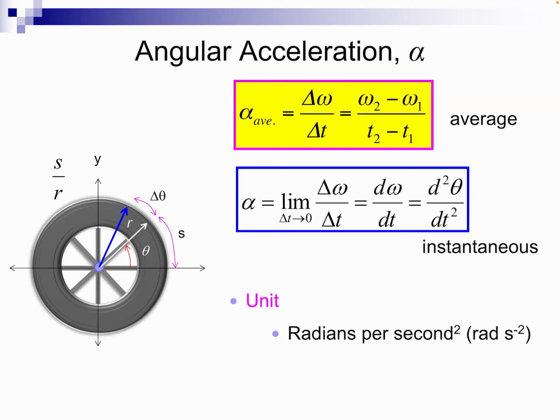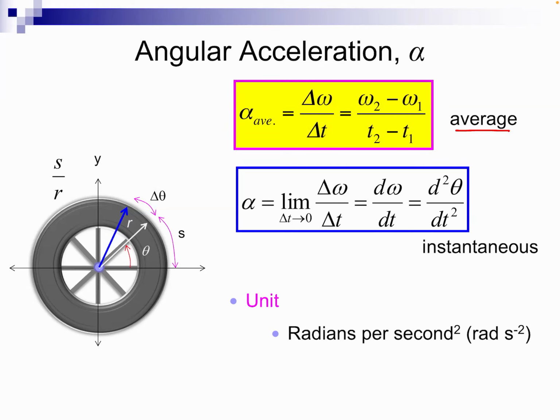So again, if we're looking at a finite time interval delta t, then what we are measuring is average angular acceleration. How quickly the angular velocity changes over a finite time interval gives us the angular acceleration.